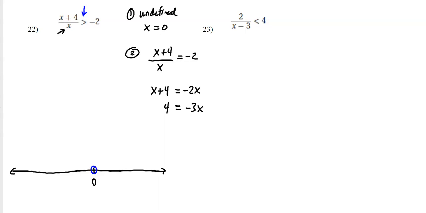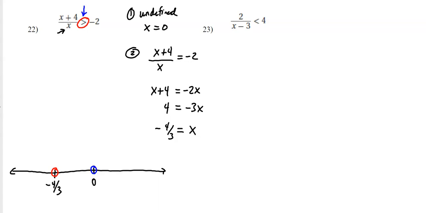Might look a little more traditional. Divide both sides by -3. So I get -1 1/3, which is over here somewhere. So -4/3 or 1 1/3. And since this doesn't have an equal to bar on it, I want this circle to be open. I want to leave that one open because it cannot be equal.